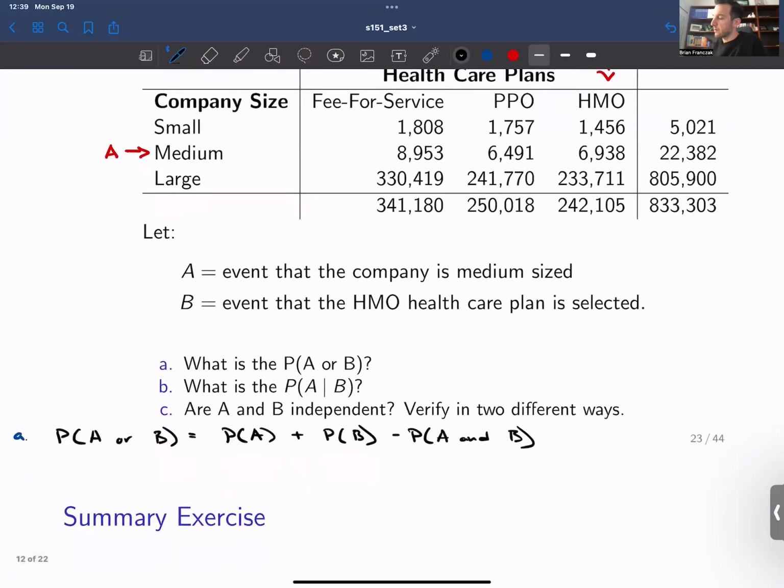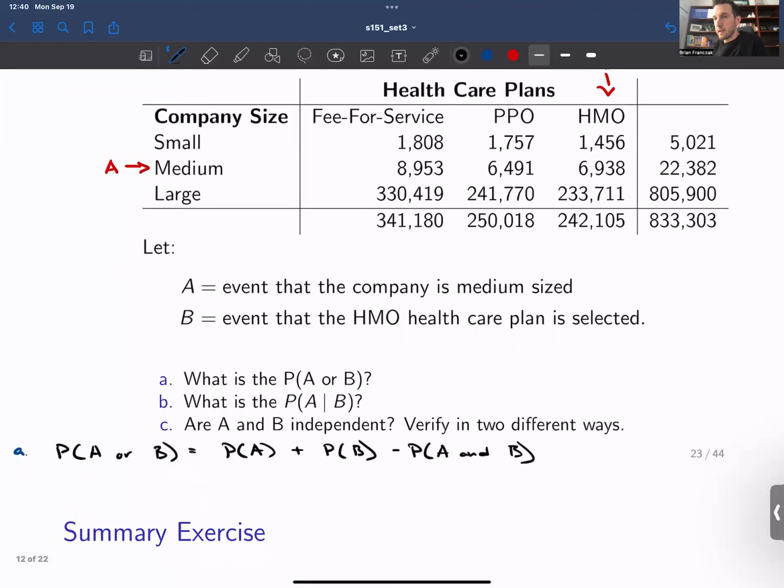So all 3 of these probabilities boil down to a fundamental calculation. So all the ways the event can occur divided by the size of the sample space, which in this case is 833,303. So essentially, we view this problem in the context that imagine you randomly select one person from all 833,303 people in this two-way contingency table.